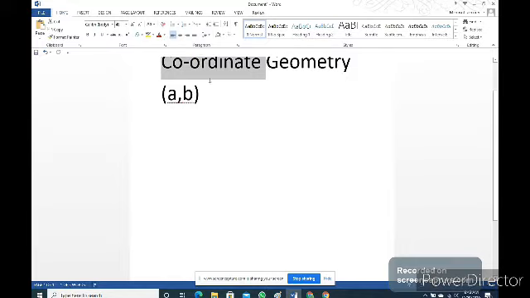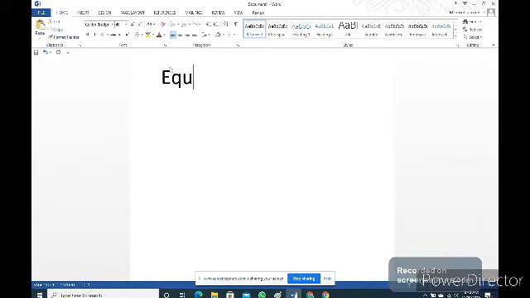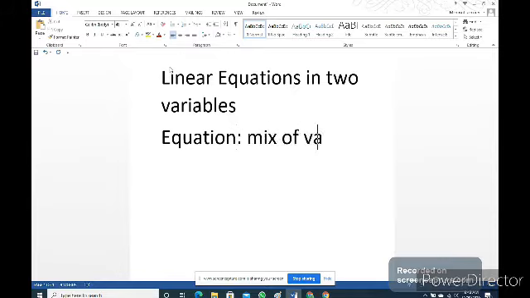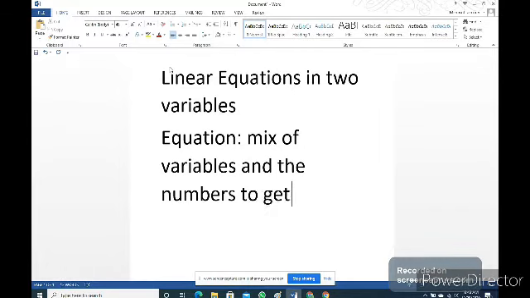What do you mean by an equation? An equation is nothing but a mix of variables and numbers to get a definite solution.